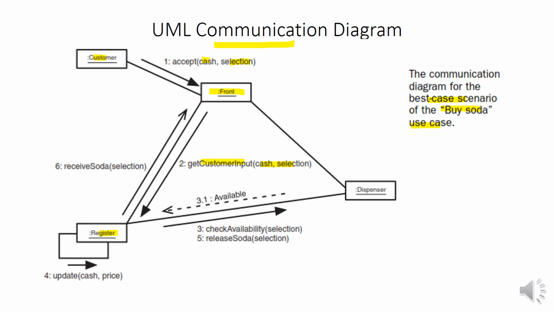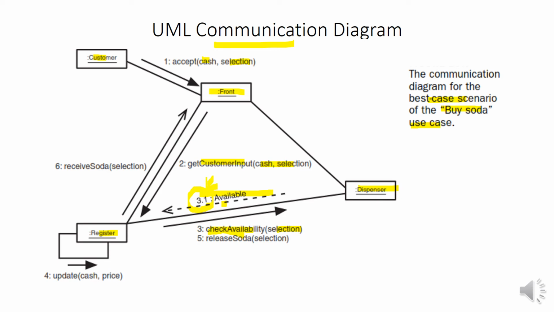Then the next message is check availability, and the selection is passed to the dispenser. And then this is the return message. This dotted arrow represents a return message, and this 3.1 indicates nesting, that after this message, the next will be sent.